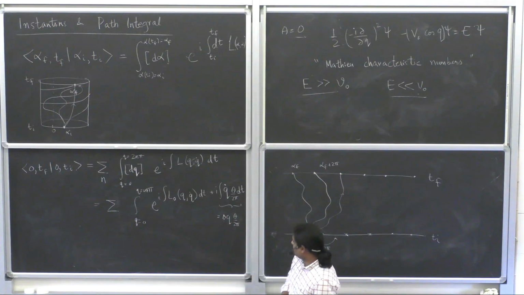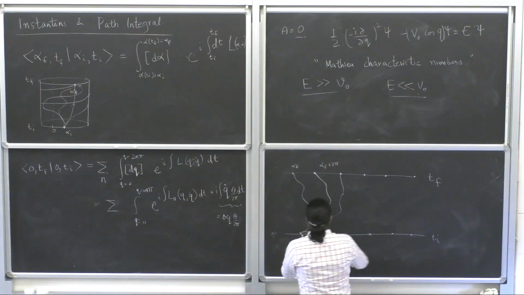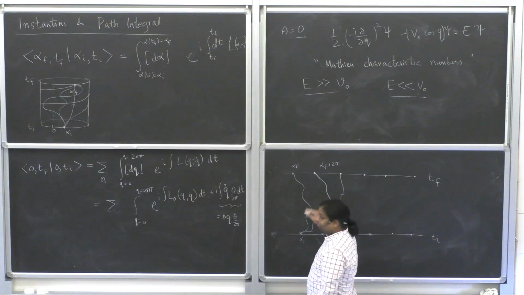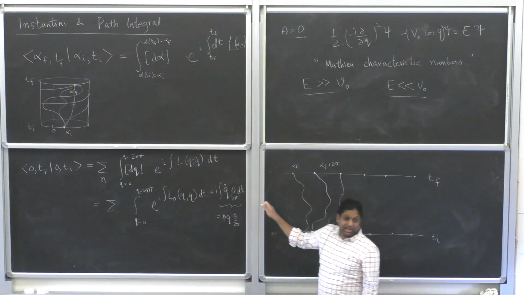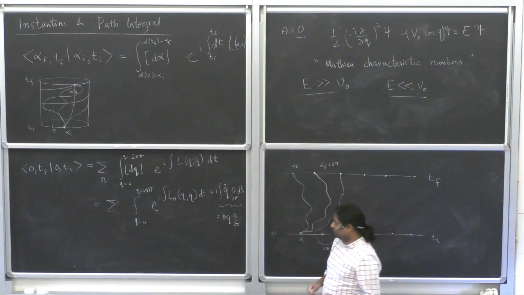It doesn't depend on the rest of the Lagrangian. It doesn't depend upon what the path is doing on its way from initial to final. This is the manifestation of the fact that theta is a topological angle. It only depends on the initial and final condition.